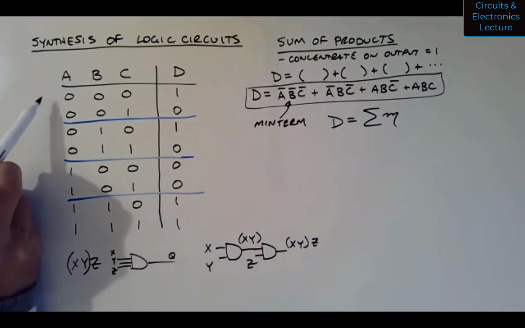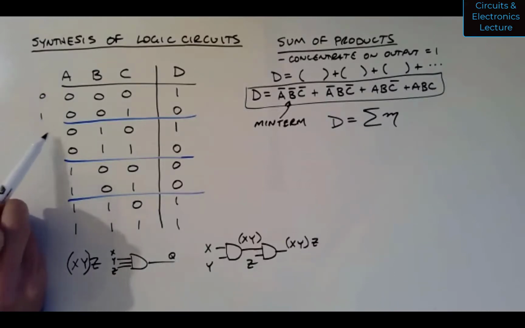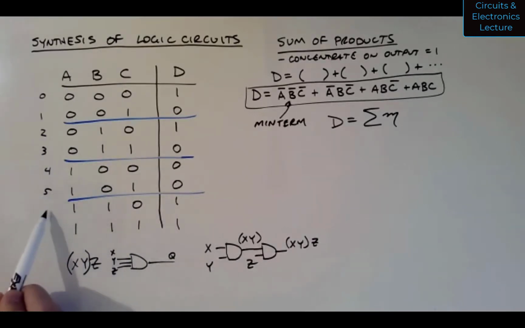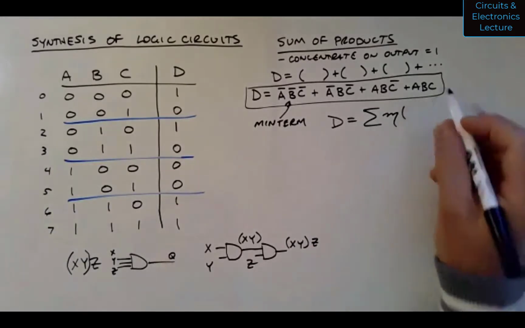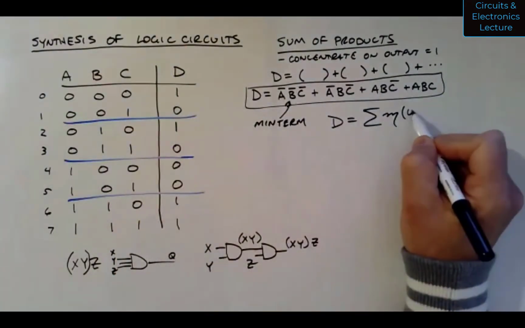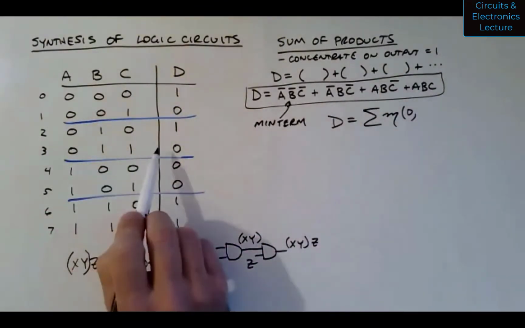What I do on the left here of the table is assign an index corresponding to the binary value converted to decimal. Then any value for which the output should be 1, I make an argument of this minterm.